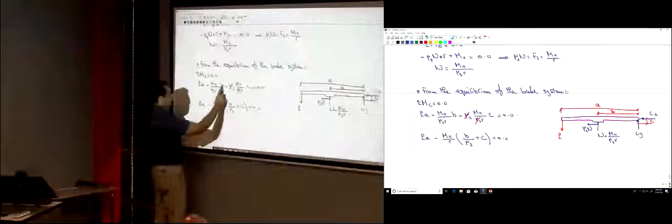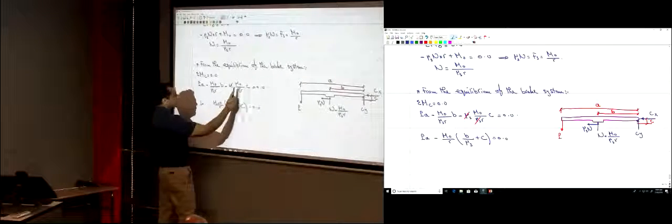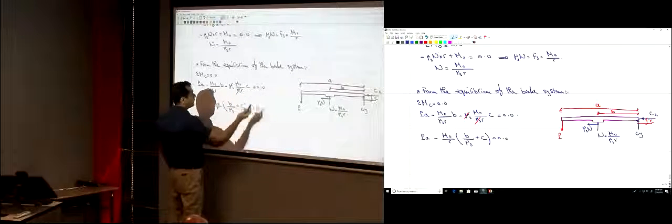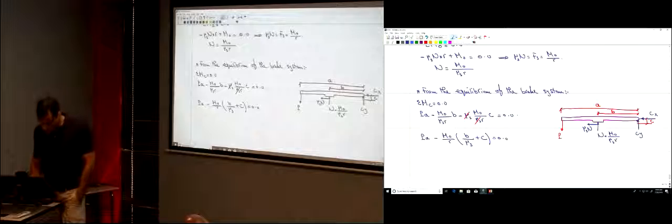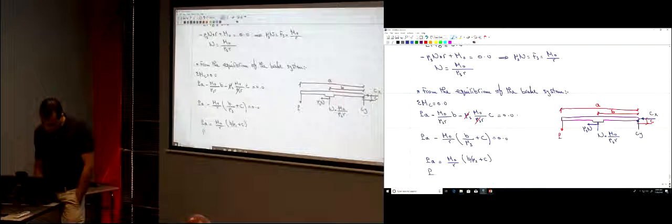Negative m naught divided by r, so I have P divided by mu s, and m naught divided by r, I only have C. Now, moving this to the right-hand side of the equation, we have m naught divided by r, P divided by mu s plus C. So P is how much then? m naught divided by A r, times P divided by mu s plus C.